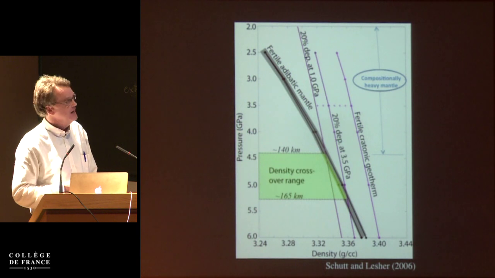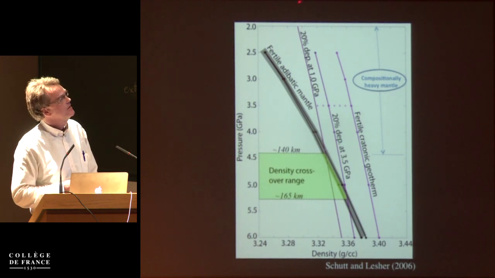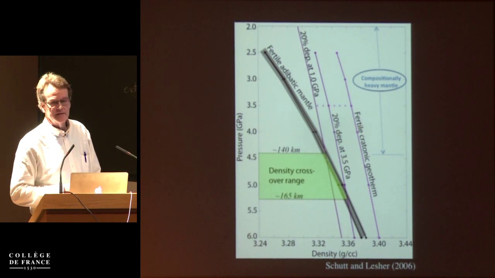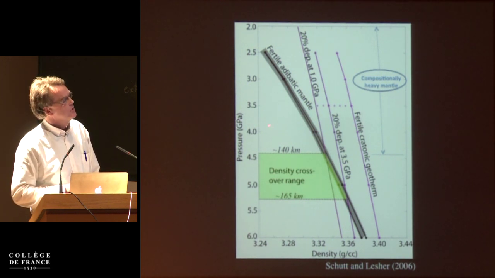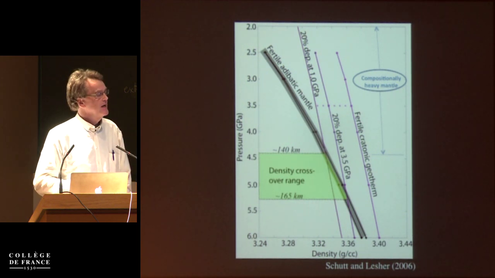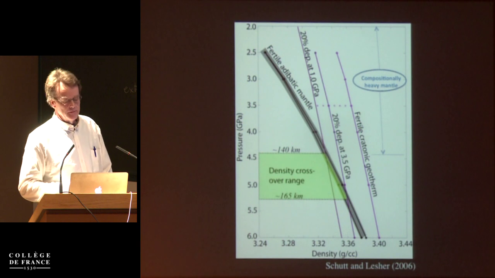But as it cools down, what you can clearly see here is that at some point that material is becoming denser than the fertile mantle adiabat. That's the isopycnic situation. So anything above this crossover is going to be negatively buoyant, and that's an inescapable conclusion.